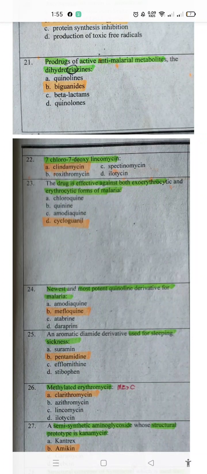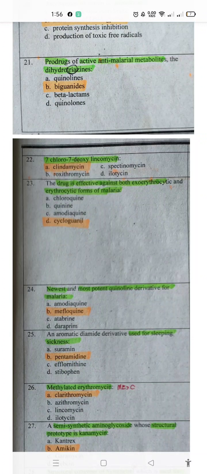Sleeping sickness is also known as trypanosomiasis, which refers to two chronic and fatal diseases caused by Trypanosoma. For African sleeping sickness, the causative agents are Trypanosoma brucei gambiense and Trypanosoma brucei.